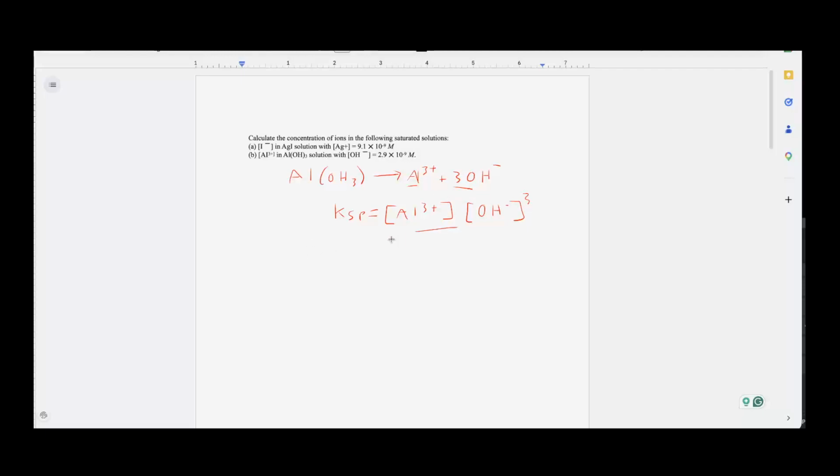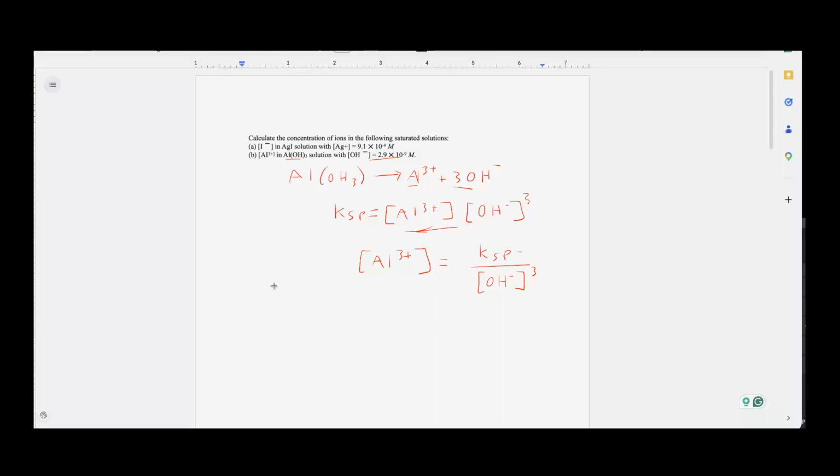The question asks us for the concentration of aluminum cations, so we'll switch this equation around by getting this by itself on the left-hand side. Now that we have our equation, we need to determine the value of KSP.